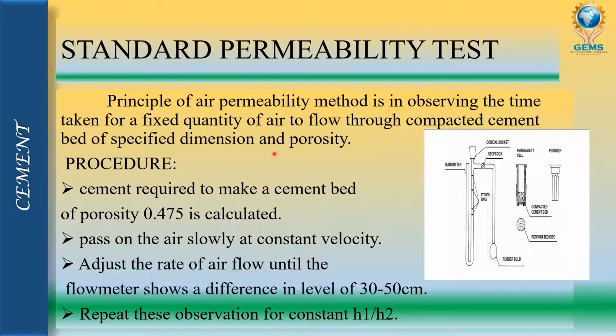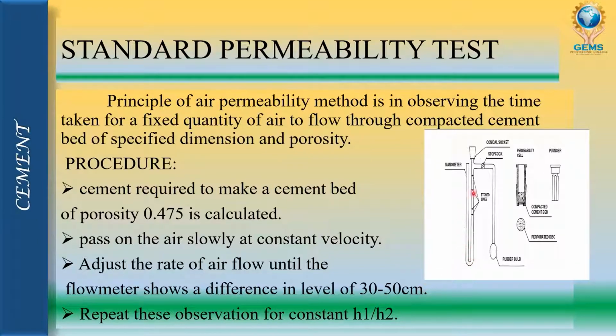Let us see the procedure to understand clearly. The cement required to make a cement bed of porosity 0.475 is calculated. Pass the air slowly at a constant velocity. Adjust the rate of airflow until the flow meter shows a difference in level of 30 to 50 centimeters.